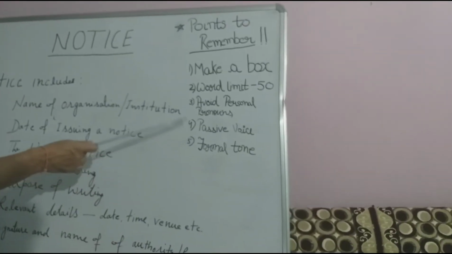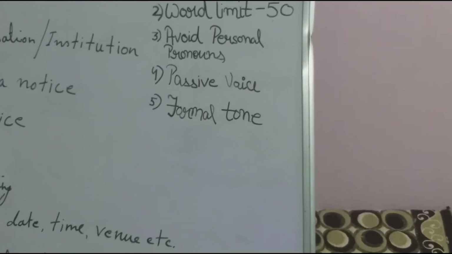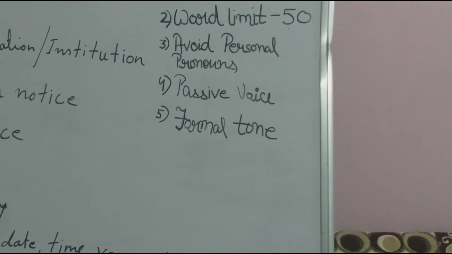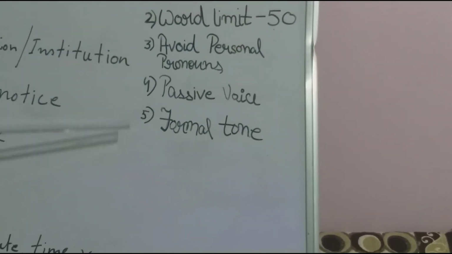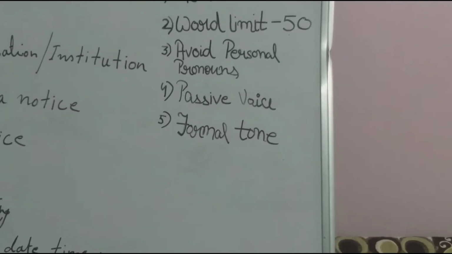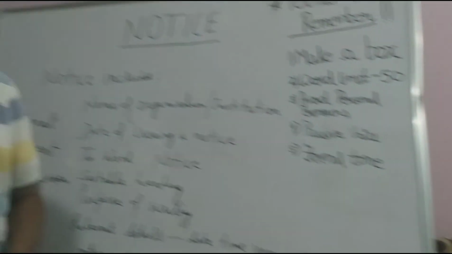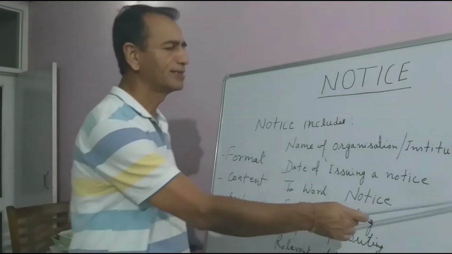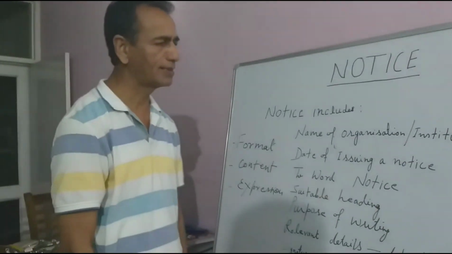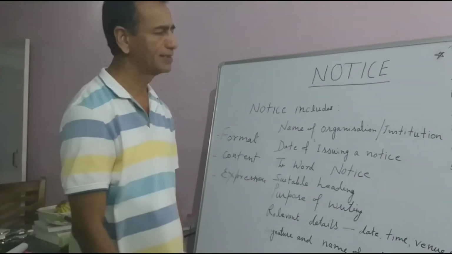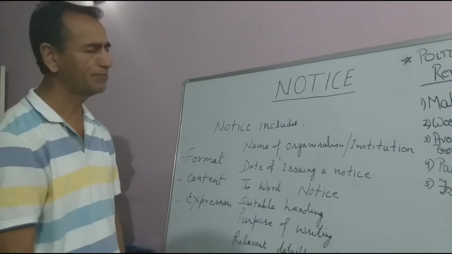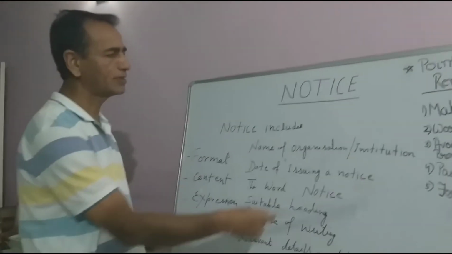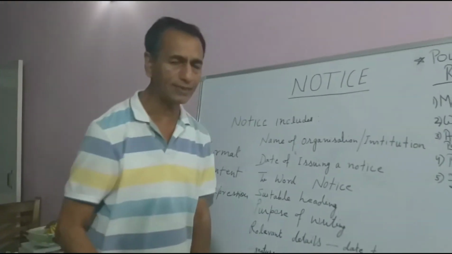And the most important thing you have to remember in writing notice is that the tone and temper of your notice should be formal. Sometimes, suppose you are writing a notice in the lost and found section, you can use informal tone and temper, but generally the tone and temper is official and formal.